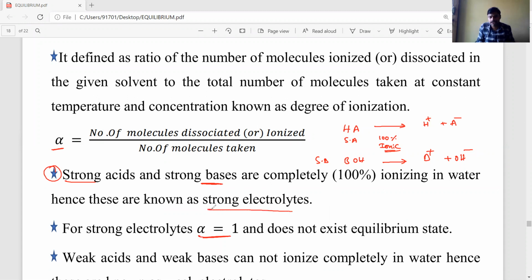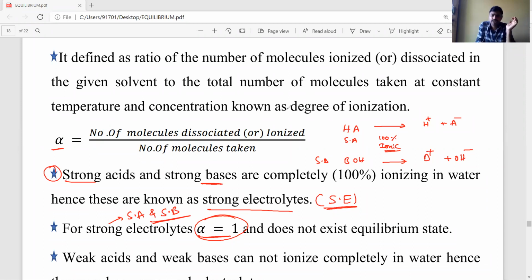So these strong acids and strong bases are 100% ionized in water, hence they are called strong electrolytes. For these strong electrolytes, the degree of dissociation alpha is equal to 1, because all the molecules taken in the solution are 100% ionized.